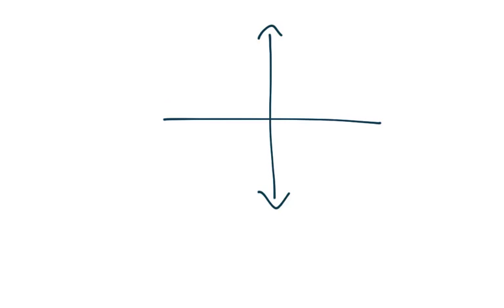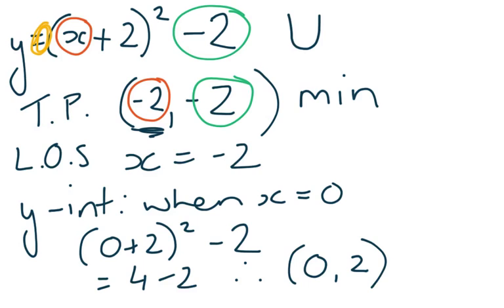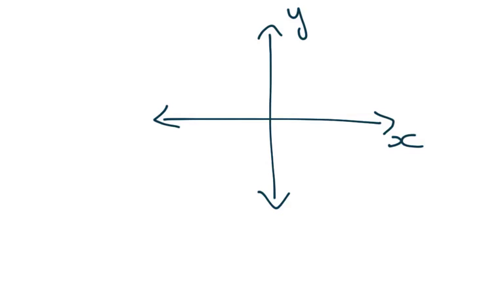So if we were to sketch this now, just mind my sketch because I'm doing this with my finger. We set up our axes. You guys should use a ruler. We label our axes y and x, and we need to put these 3 things on our graph. So our turning point is at (-2, -2).